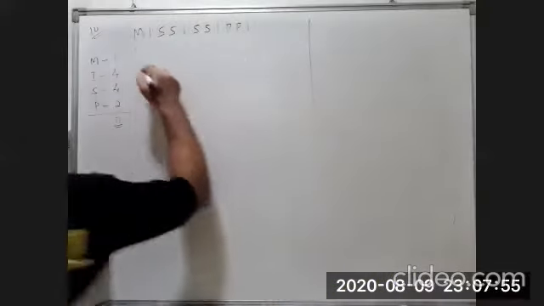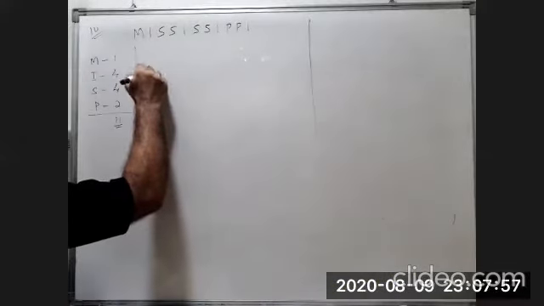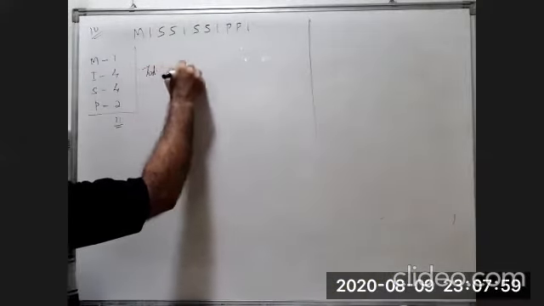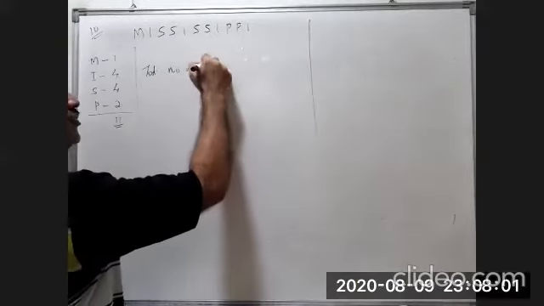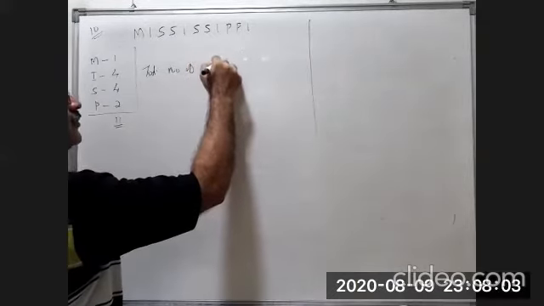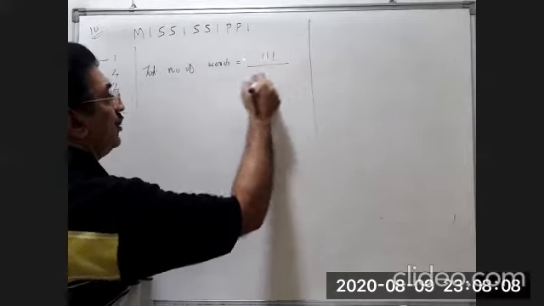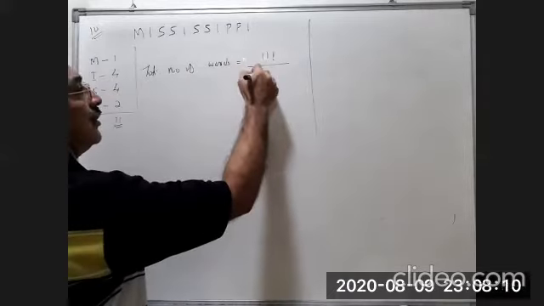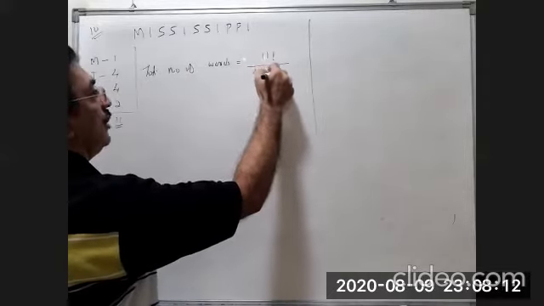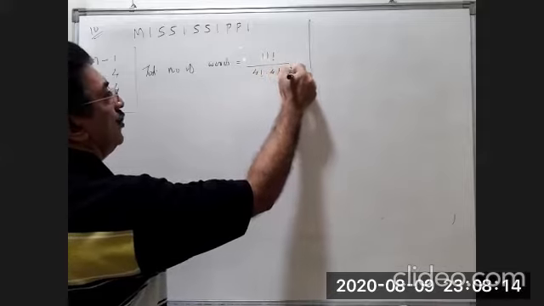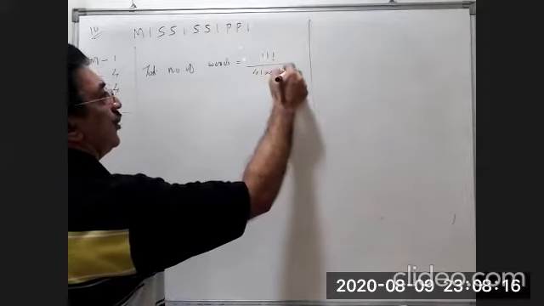Therefore, the total number of words will be 11 factorial by 4 factorial into 4 factorial into 2 factorial.